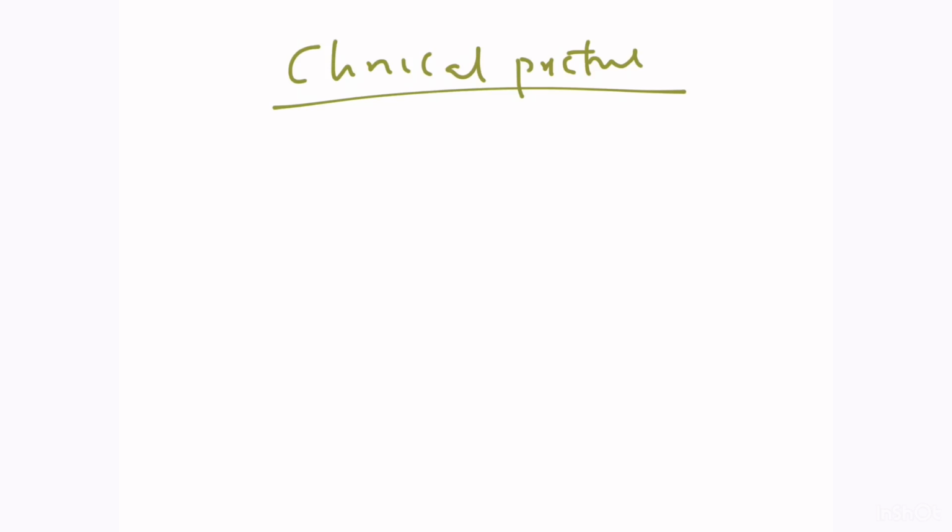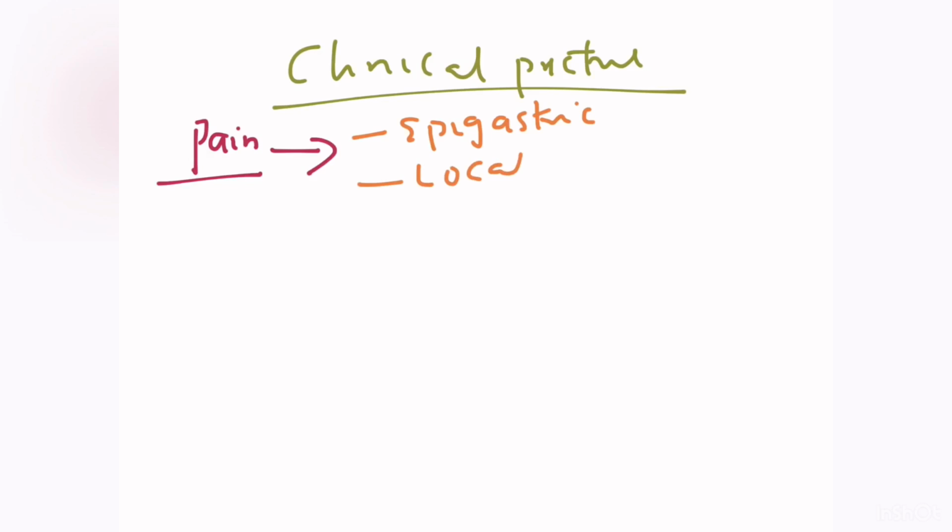Now, what are the clinical pictures of this disease? Clinical picture or presentation of this disease. Number one, we have pain, which is epigastric, localized.